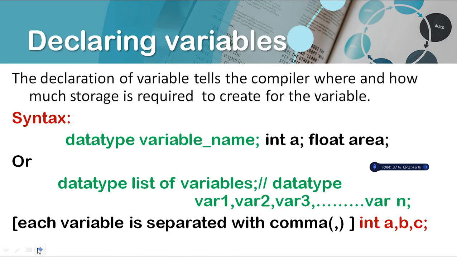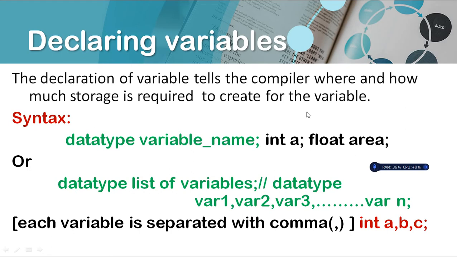Now this is the syntax for declaring a variable. Simply use the data type followed by the variable name. Here the data type may be any data type available in C programming, whether a primary data type, a secondary data type or a user defined data type. Any data type you can give. And for the name of your variable, you can follow the rules we specified.